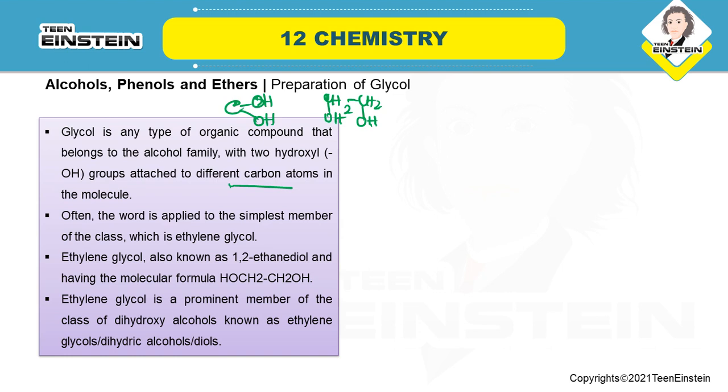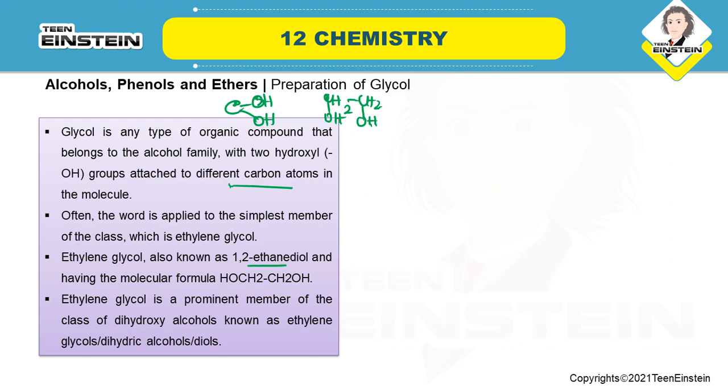Now mostly the simplest member, the first member, is known as glycol, but it is also the general term that you can use for any diol. Fine. Ethylene glycol, if you want to apply the actual IUPAC name, is 1,2-ethane diol, because here there are two carbons, so the root word will be ethane, because it is an alkane derivative.